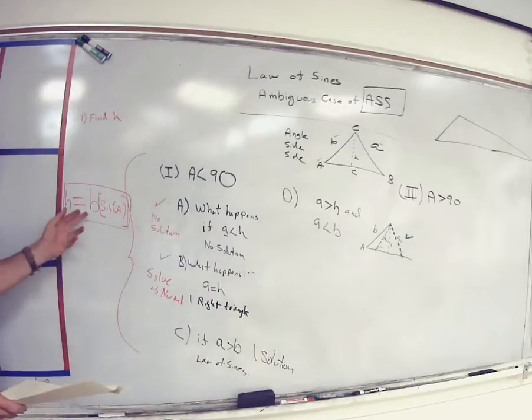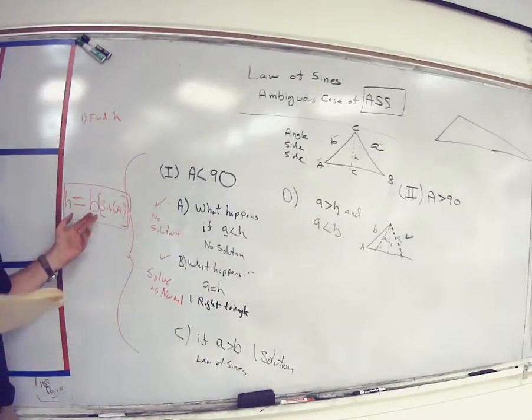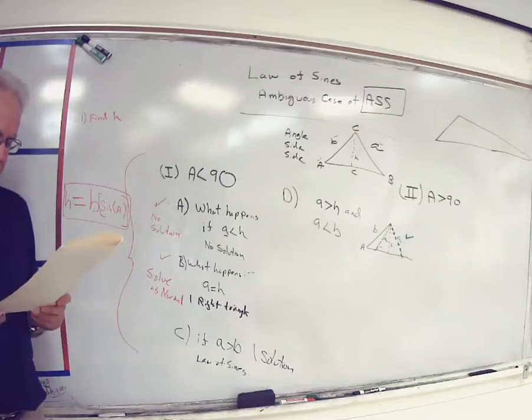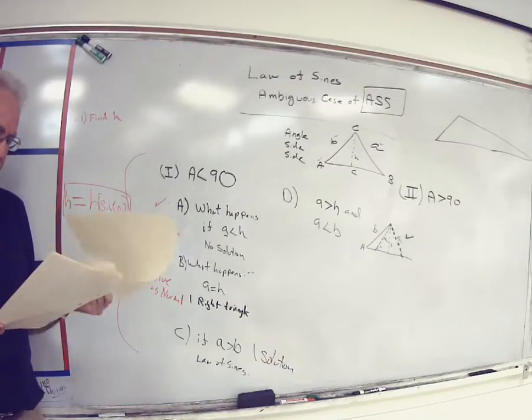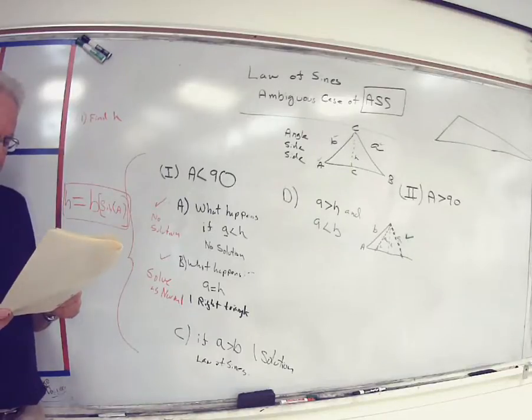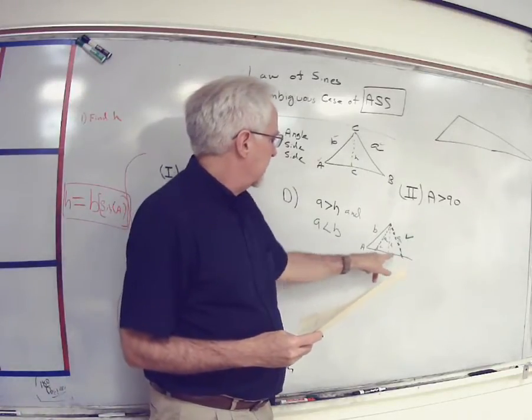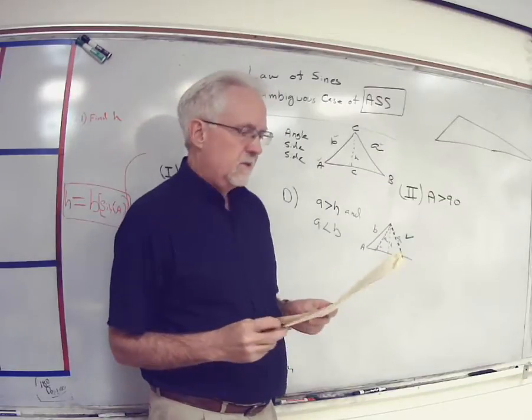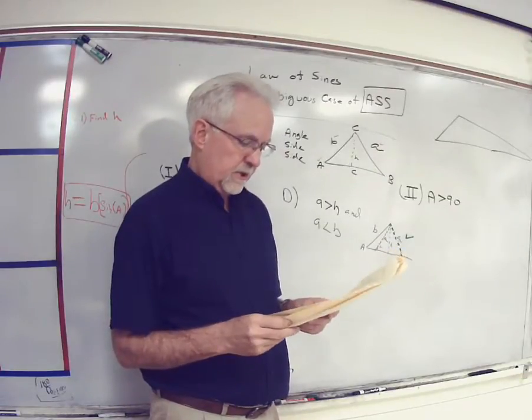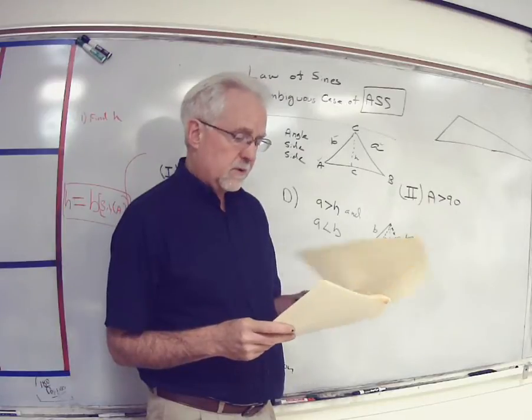So you see, still you need to find out what H is to even get started on this, right? So the first thing that you always do is that. Does that make sense? So in this case, you have to find both solutions.